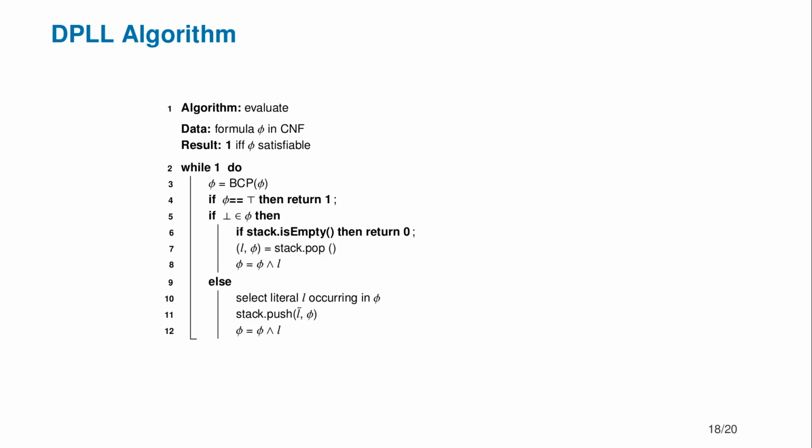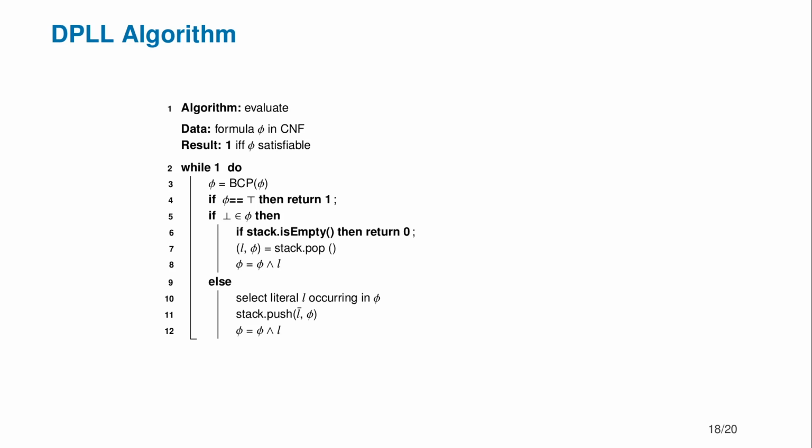If the formula has a literal that occurs in the formula, we select such a literal, any, and we have a stack where we store assignments which we still have to try.